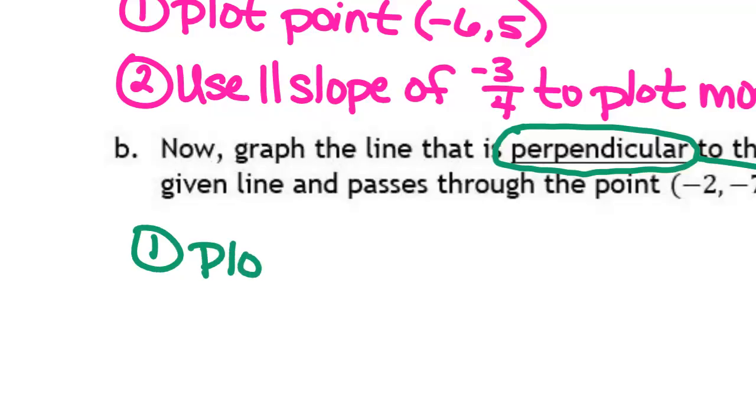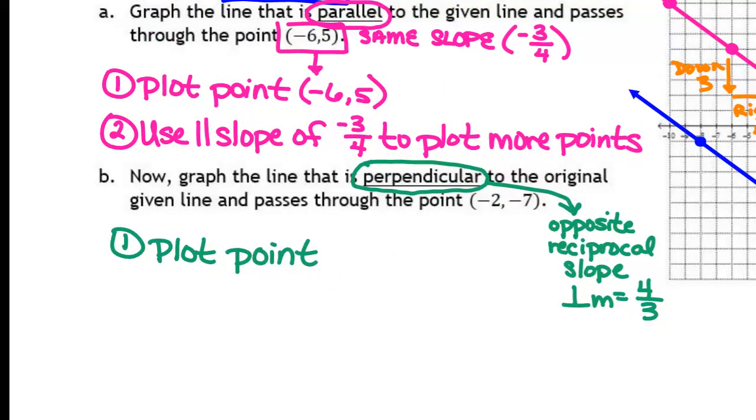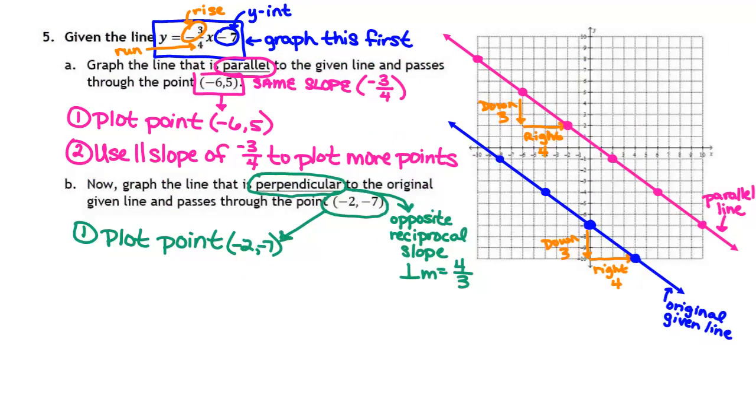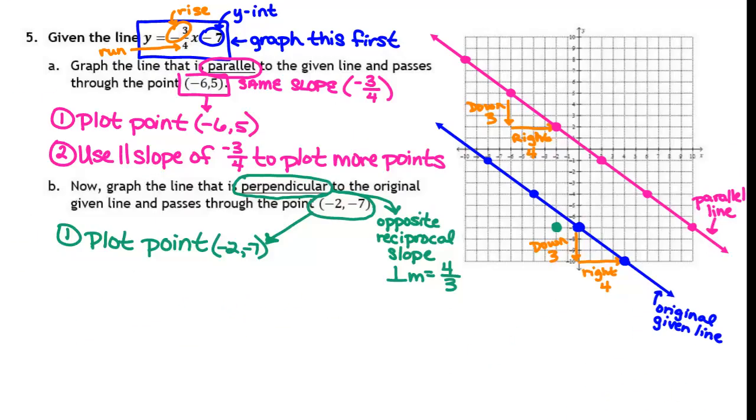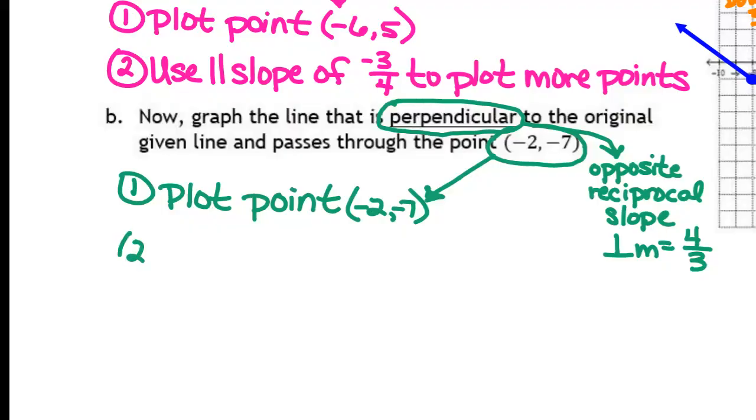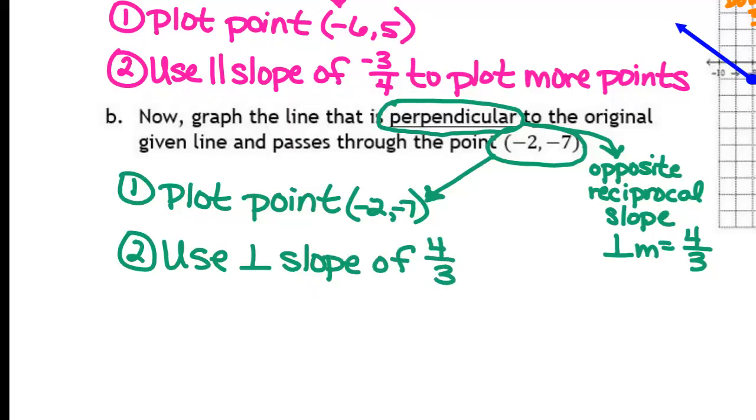First thing we're going to do is plot the point that they gave us, which was -2, -7. -2, -7 is right here. And then we will use our perpendicular slope of 4/3 to plot more points.